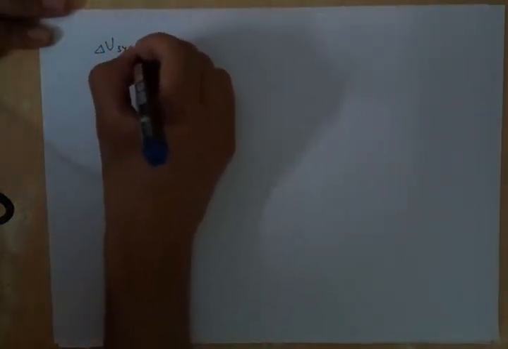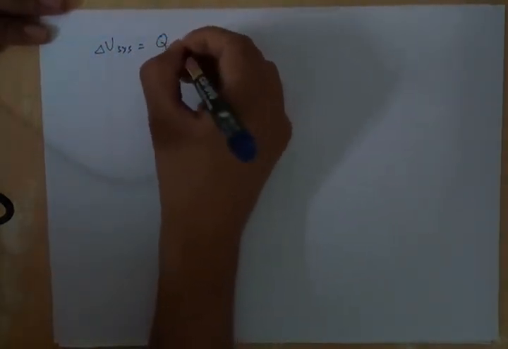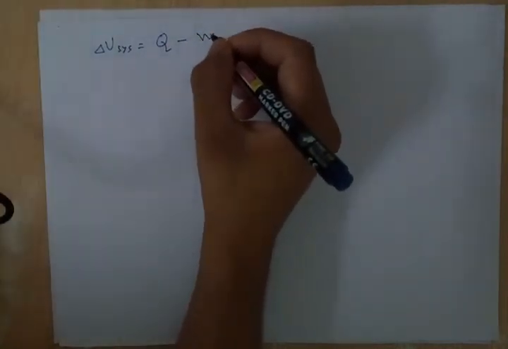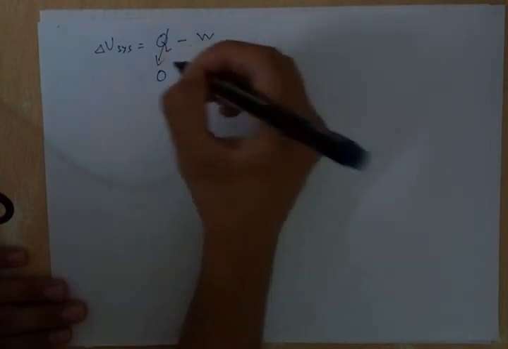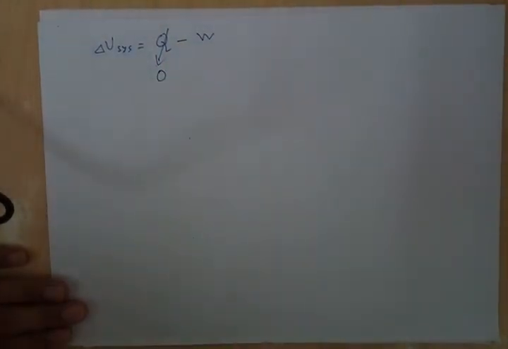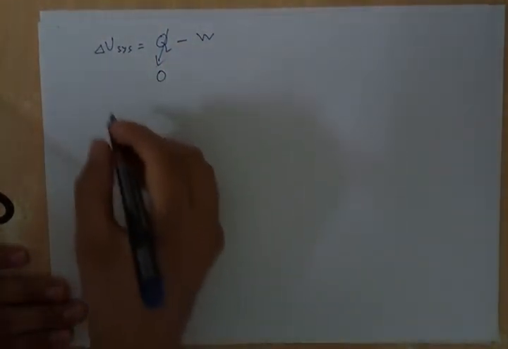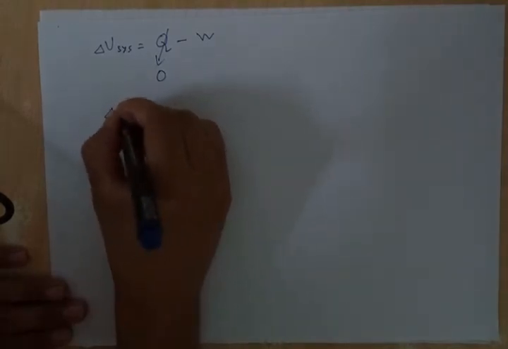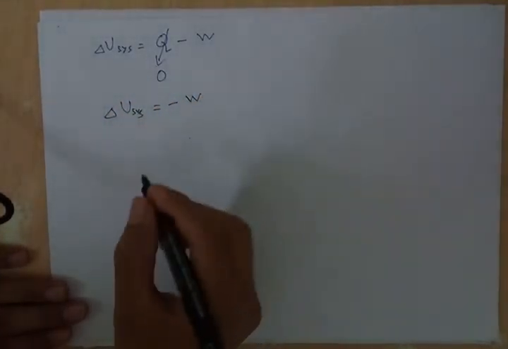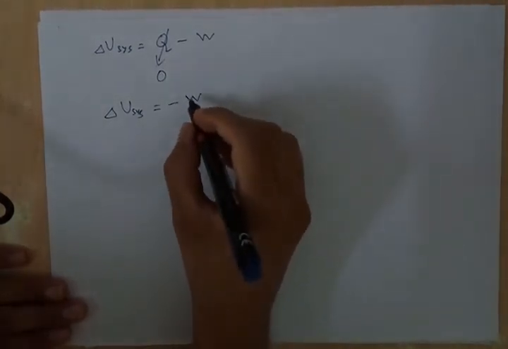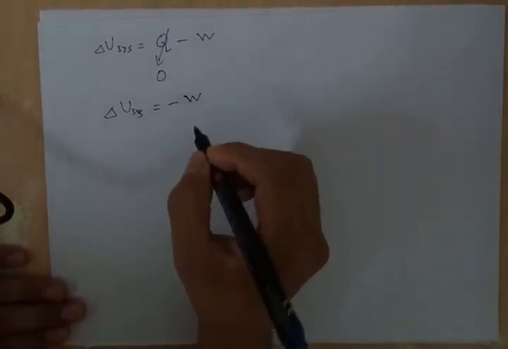Now we will use the first law of thermodynamics. Delta U of the system is equal to heat added to the system minus work done by the system. Since this is an adiabatic process, Q is equal to 0. No heat transfer between system and surrounding. So delta U of the system is equal to negative work done by the system.